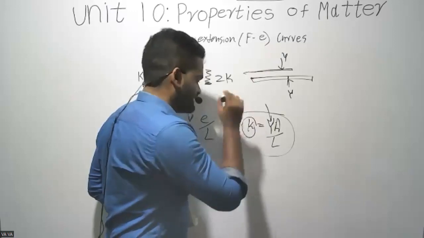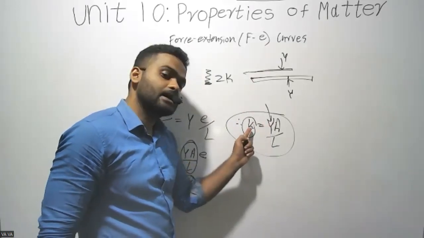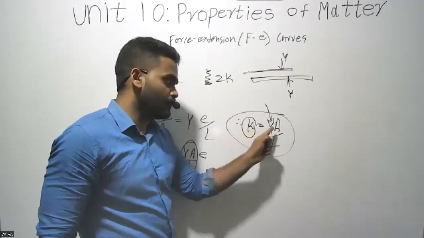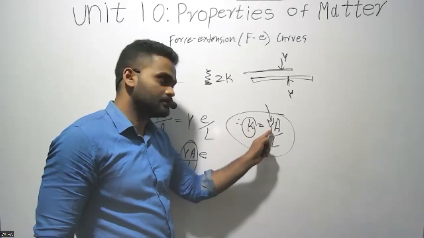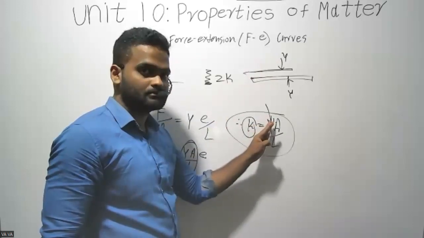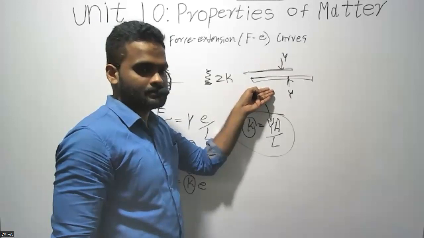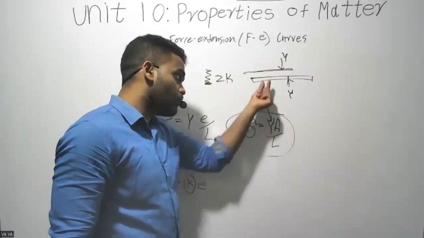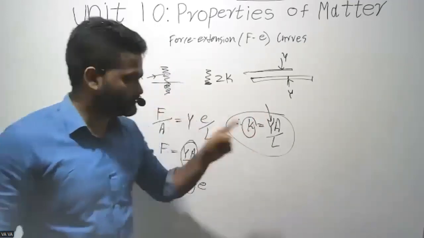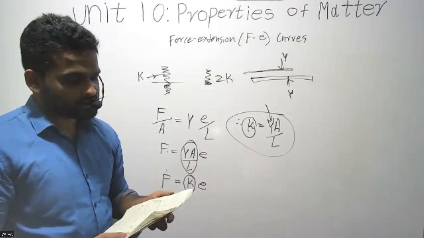Therefore, K changes even though Y is the same for both. Y depends only on the material. So since both wires are made of the same material, Y is the same, but since the dimensions are different, K changes. You can see that when you look at this equation, right?